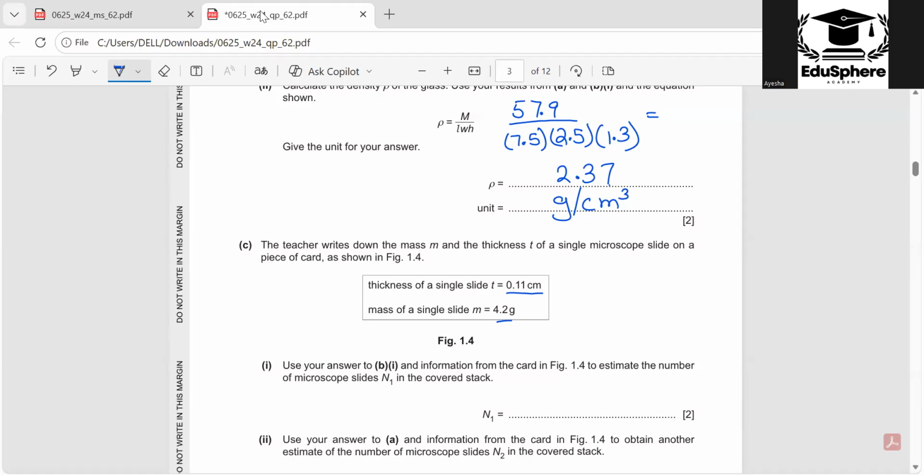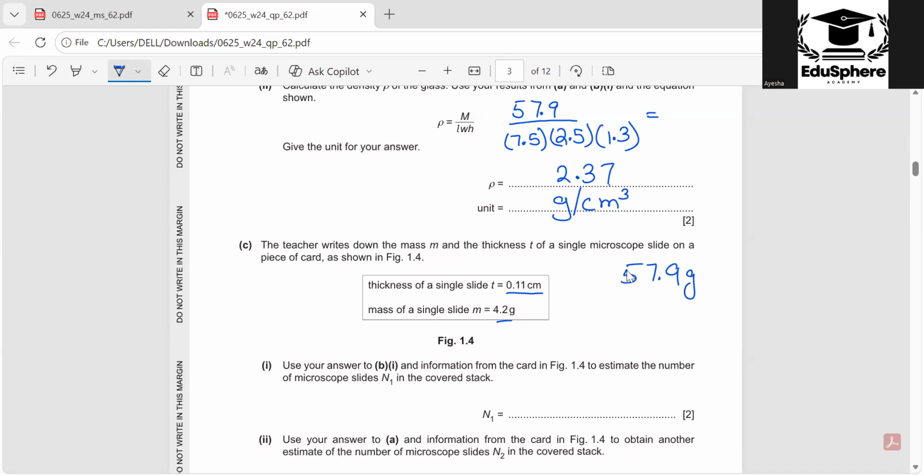In B part 1, the mass of the whole stack of slides was 57.9 grams, and the mass of a single slide is 4.2. With these two pieces of information, we are going to estimate the number of microscope slides in the covered stack.